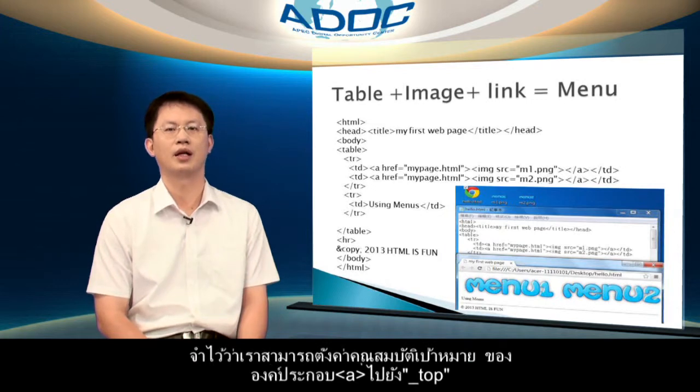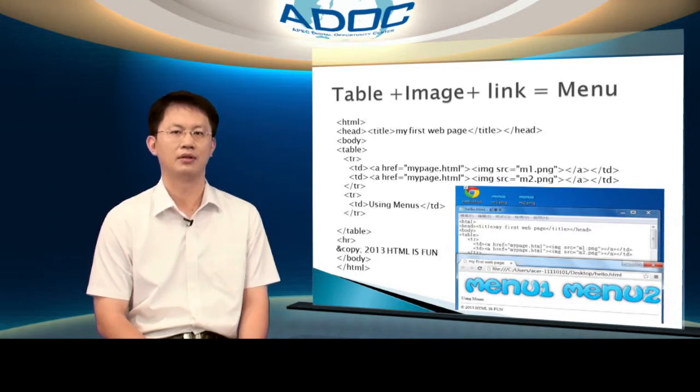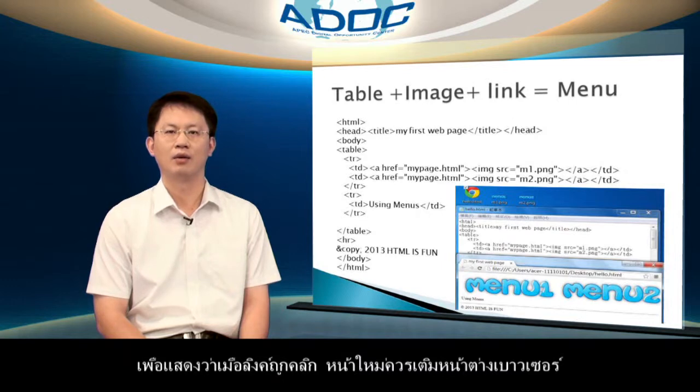Note also that we are setting the target attribute of the A elements to top, indicating that when the link is clicked, the new page should fill the browser's window.